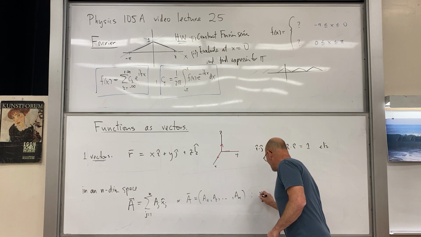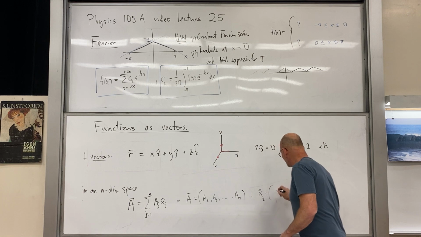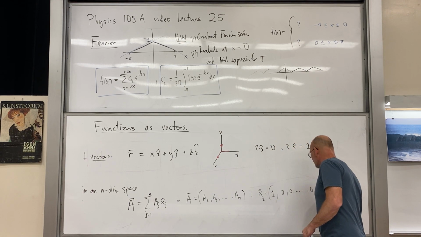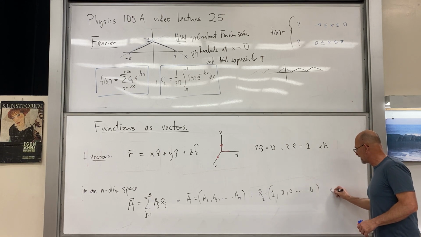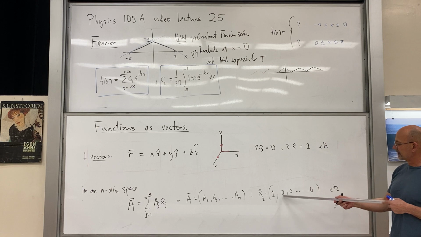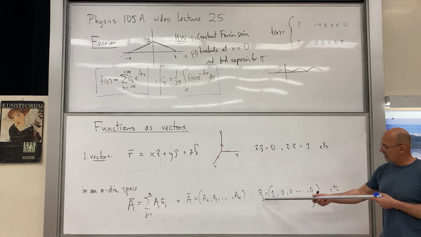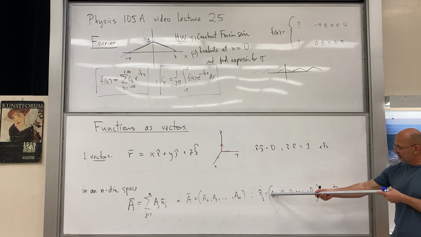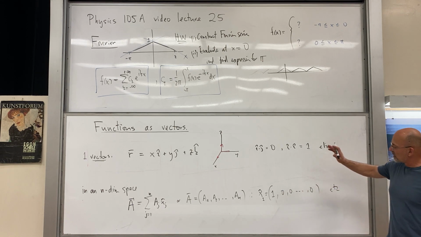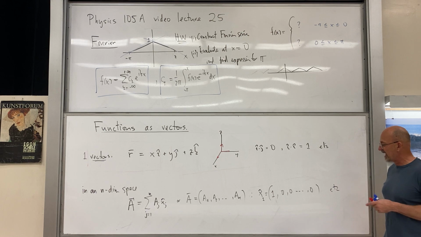And then x hat sub 1 is the n-tuple 1, zeros all the way to 0, etc. It gets a little tiresome to write all these things out, but you've probably seen this before. Unit vector x2 hat would have the 0 and then the 1 there, and they are also orthogonal and normalized.